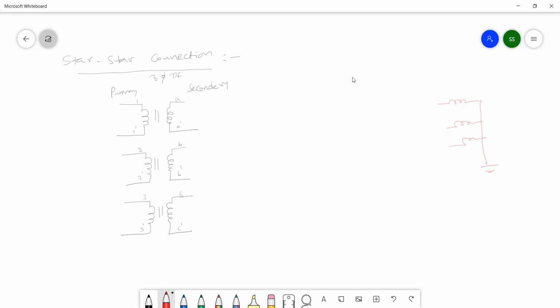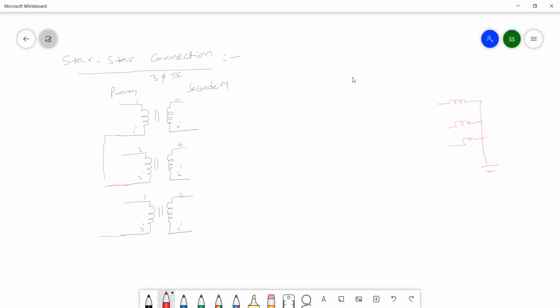Now the similar ends in the sense, what are the terminals we need to take here on primary side? This 1 dash, 2 dash, 3 dash, all are similar secondary points.